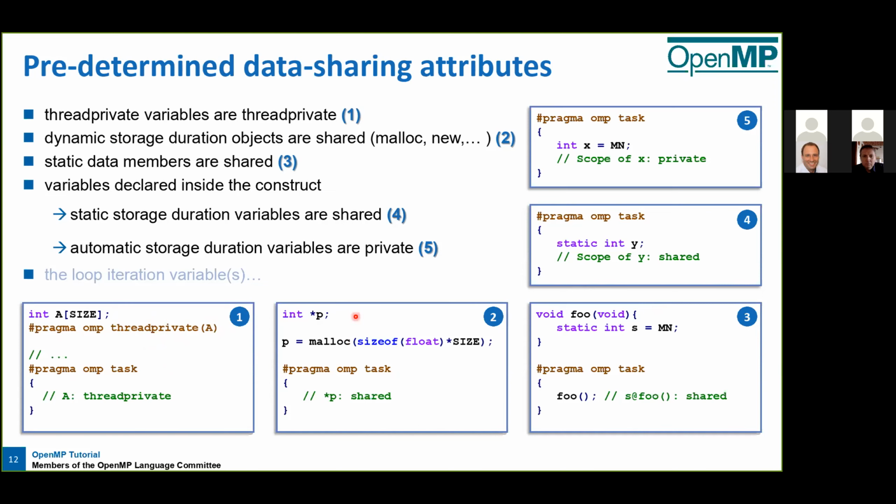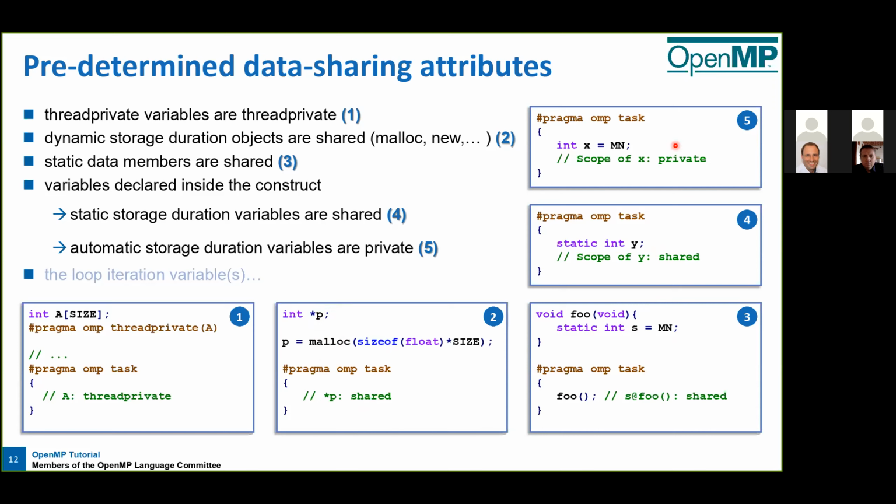Dynamic storage variables, that means variables declared before the extent of the task construct, located on the heap and so forth, are by default shared. Similarly to a parallel region, what has been declared before is shared. Static variables or static data members in general are shared by default. So static variables, this is example 4, and static members of constructs, functions, and so forth are shared by default.